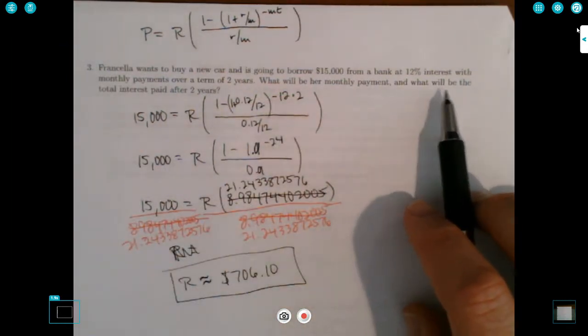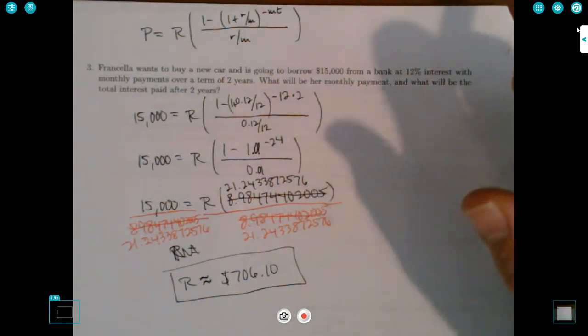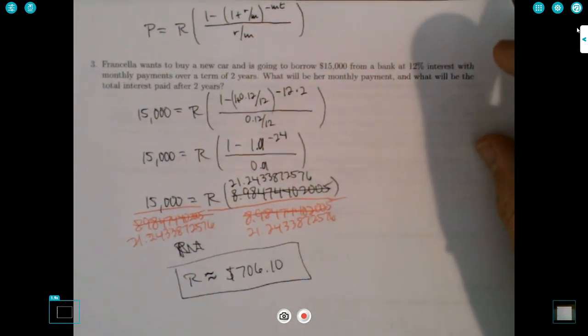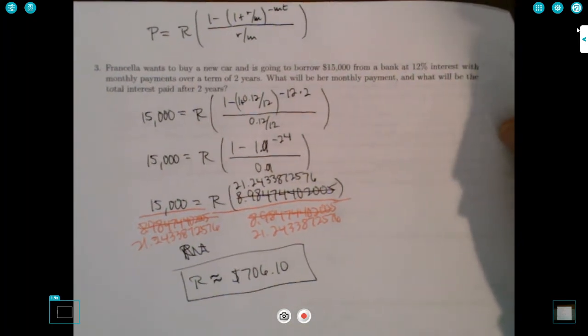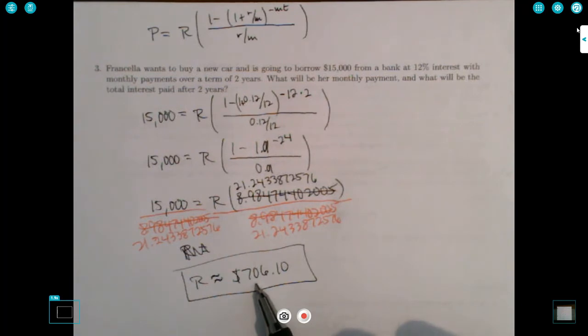Now the next question is, what will be the total interest paid after 2 years? Well, to figure that out, here's how we're going to do it. This is how much she pays each month, so you can figure out how much she's going to pay after 2 years. You would multiply this by 12 for 1 year, and then multiply that by 2 for 2 years.